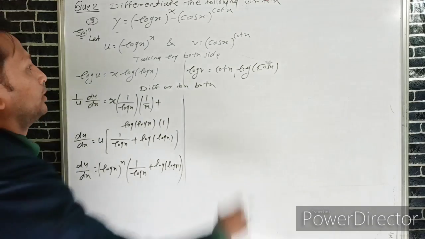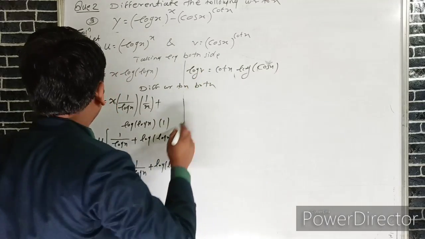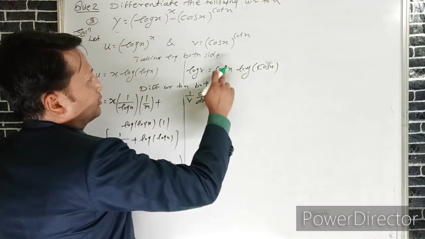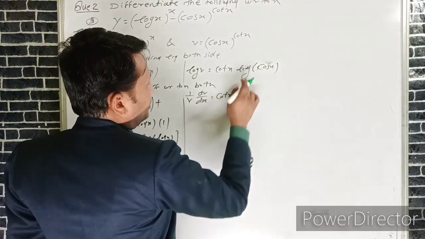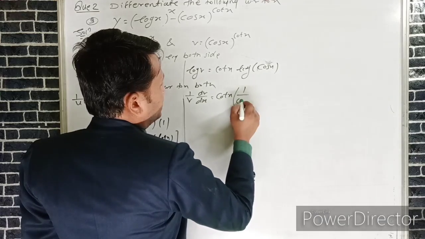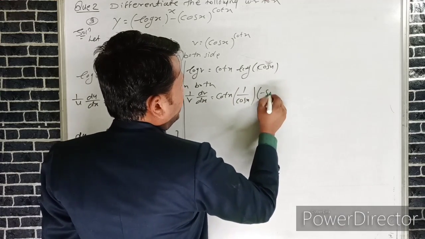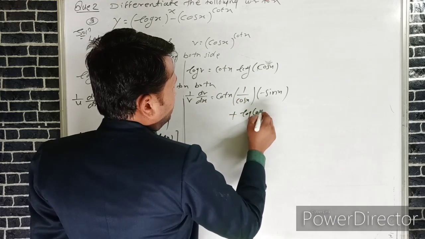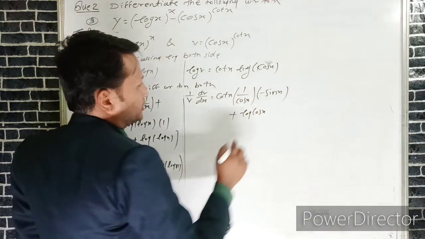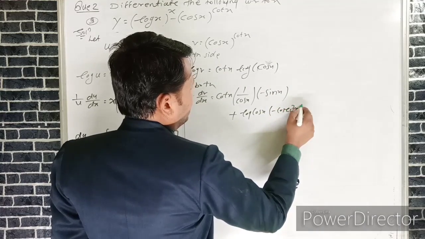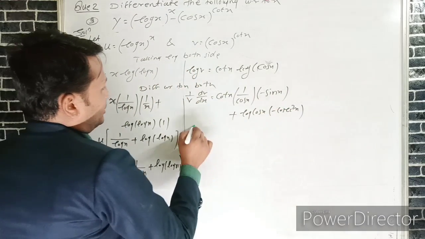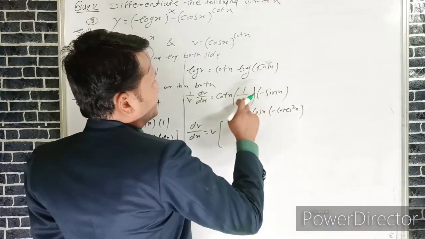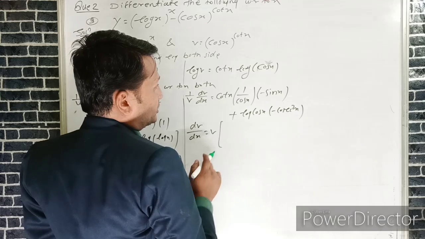Now if we take the derivative of v, we can write 1/v dv/dx. By using the rule of u into v, we can write cot x into the derivative of log of cos x, which is 1 upon cos x, and we take the derivative of cos x, which is minus sin x, plus log of cos x as it is now. We get again the derivative of cot x, which is minus cosec squared x. If we take v to the right side, then we can write dv/dx equals v into minus sin x upon cos x, which is tan x.